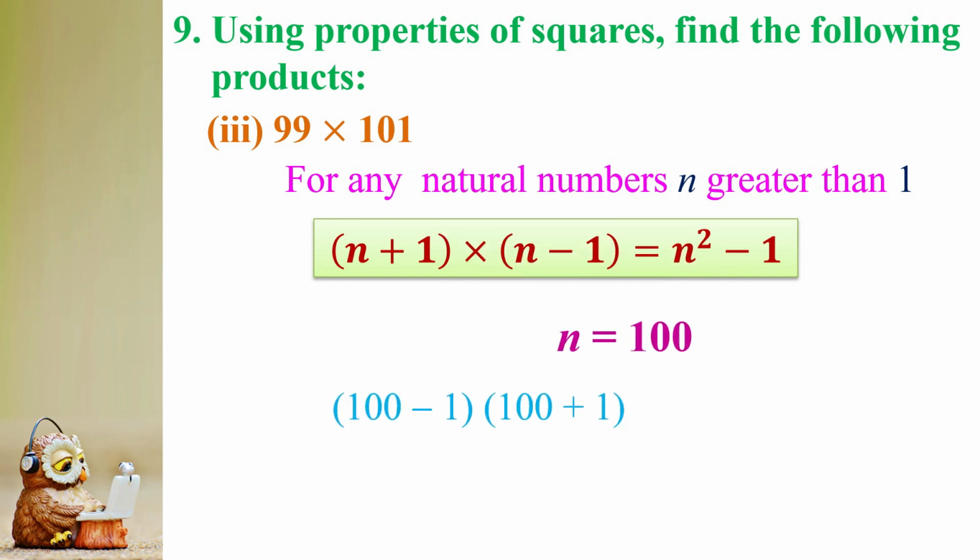Now we can write 99 as 100 minus 1 and 101 as 100 plus 1. Here n is 100. Write the formula n squared minus 1. Substitute the value: 100 squared minus 1. 100 squared is 10,000 minus 1. Subtract: 10,000 minus 1 is equal to 9,999.